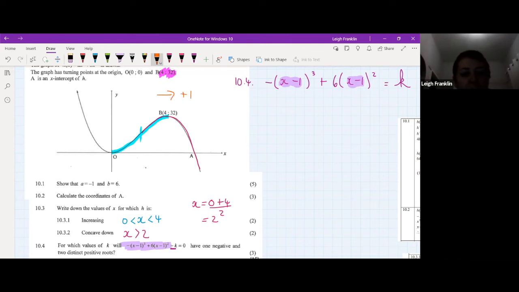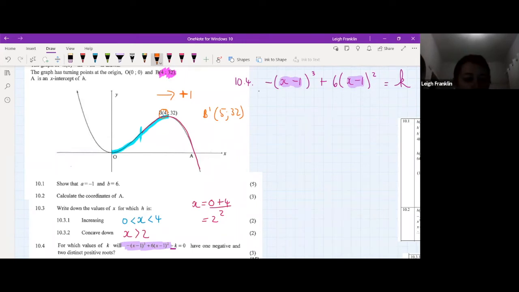If it goes over 1 unit to the right, what changes? What's the new turning point, the new B, going to be? Yeah, 100% Chantal. So our new B, let's call it B prime, is now going to be the point 5 and 32, isn't it? Good stuff. It didn't move up or down, it just moved to the right-hand side.